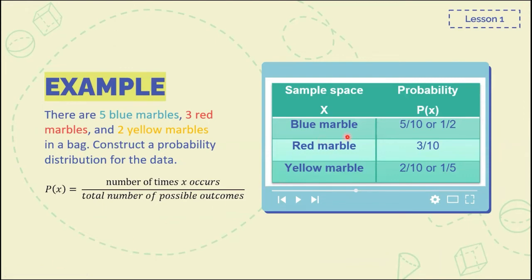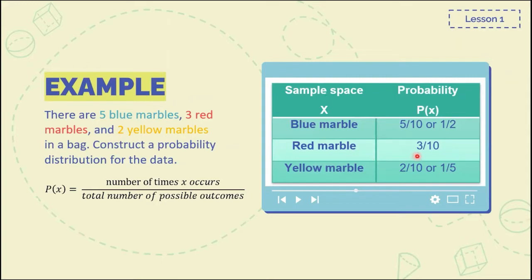For the blue marble, we have 5 over 10, since there are 5 blue marbles out of 10. Where did we get the denominator 10? Go back to our formula. It says here the number of possible outcomes. So all we have to do is add 5 plus 3 plus 2 equals 10.